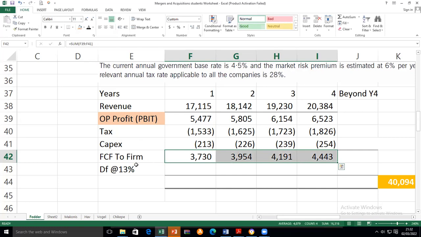What discount rate are we going to use? We're going to use a discount rate which reflects the owners or the providers of these funds. So the discount rate you need here is a weighted average cost of capital.